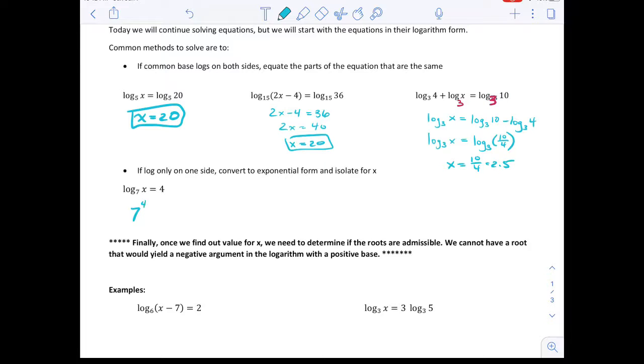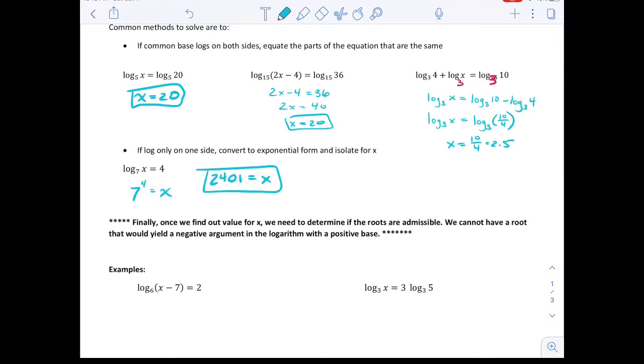I have an exponent of 4 is equal to x. Now that's a lot easier to solve. X is already by itself. I just put in my calculator 7 to the power of 4, which is 2,401 is equal to x. That's it. So if I have log on one side, just change it to exponential form. If we have log on both sides, well, we can equate them to be the same.